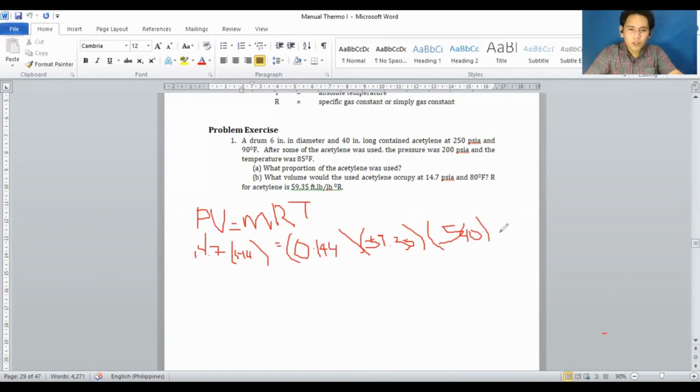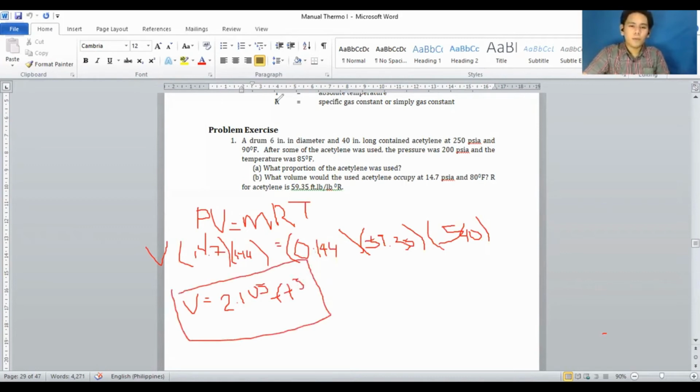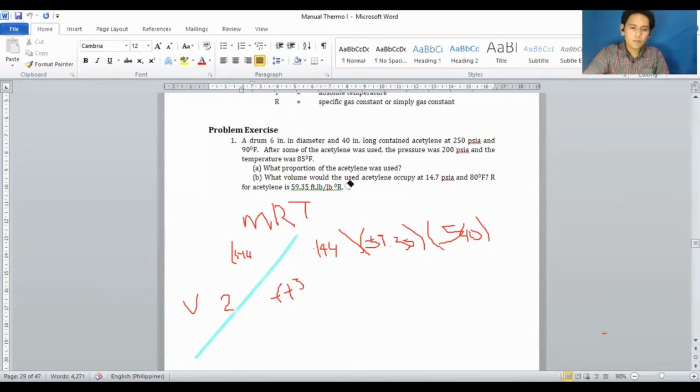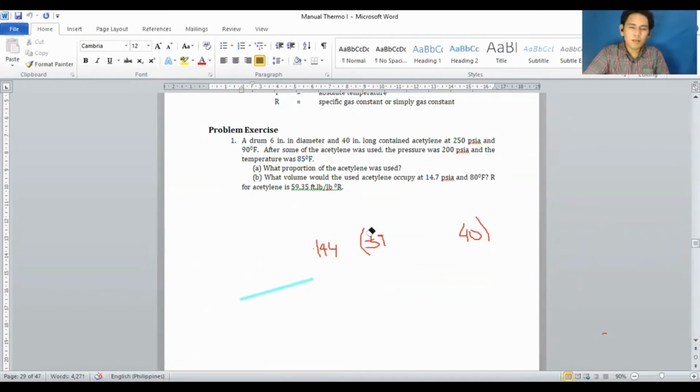Therefore, your volume equals 2.105 cubic feet. That is your volume. That is the application of your perfect gas laws, your Charles law, and your Boyle's law.